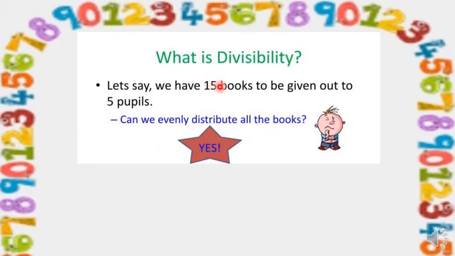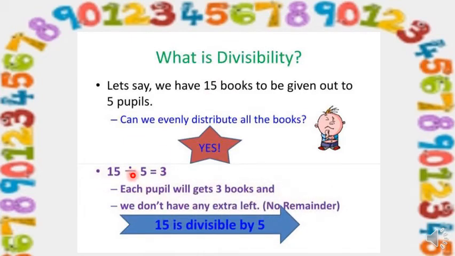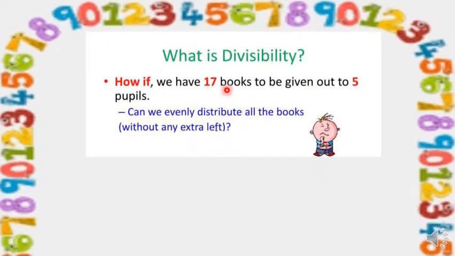And each student will get how many books? 15 divided by 5 equal 3 with no remainder. Each student will get 3 books with no remainder. So as a conclusion we can say that 15 is divisible by 5.